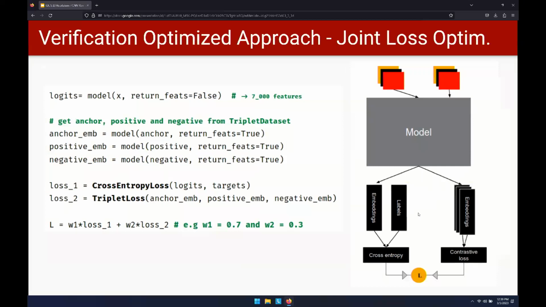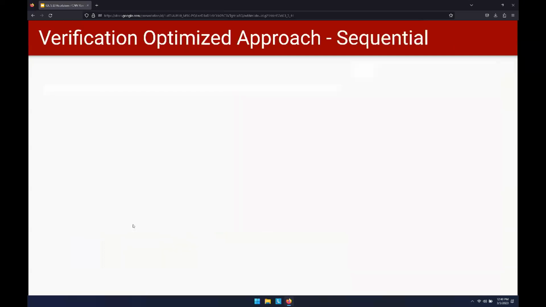So if I were to give you a snippet of some code, you would have the cross entropy loss from your classification, and you would have some triplet loss from your verification task, and your effective loss would be a combination of both of those losses with some weighing factor. Now these are again hyperparameters that you can tune and see what works well for your use case. Depending on what model you're using, you would have to change these values. All right. So that's what joint loss optimization is about.